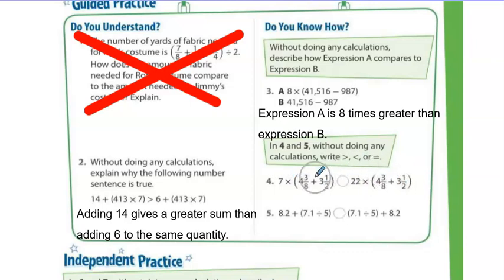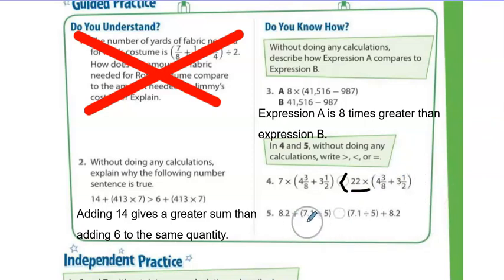Because this expression is the same, you're multiplying the same sum by 22 and by 7. If you multiply something by 22 compared to multiplying it by 7, it's going to give you a greater amount. So this makes this expression larger.